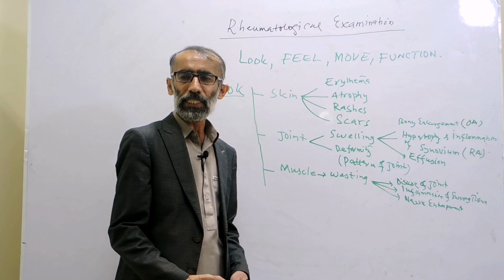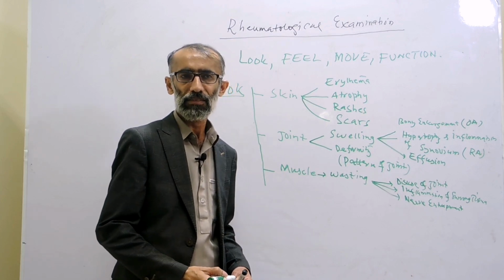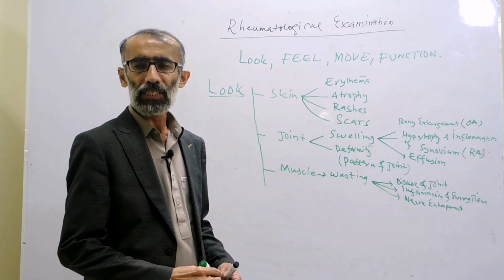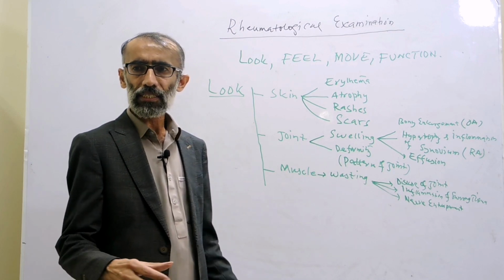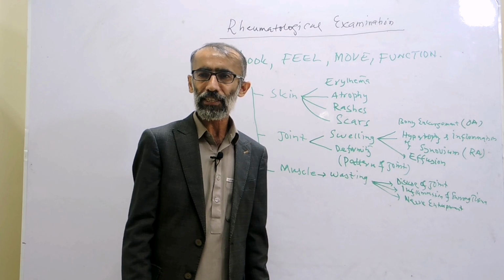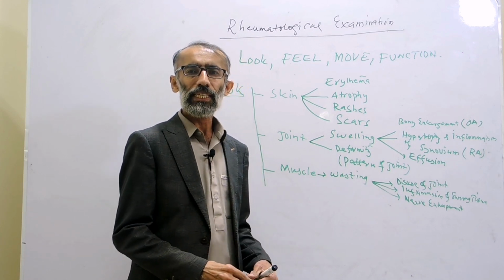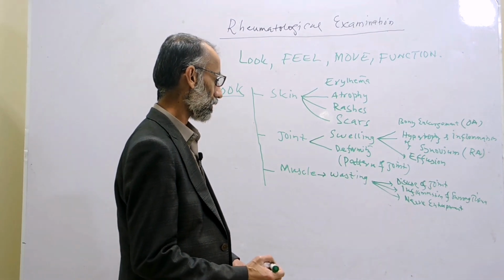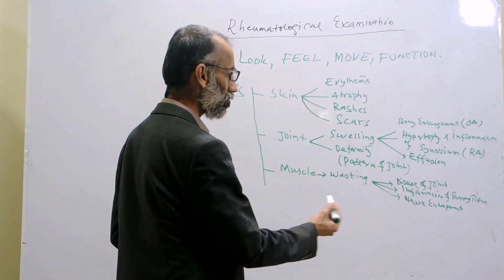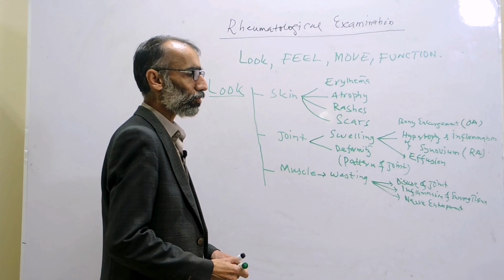Wasting of intrinsic muscles of the hand with active rheumatoid arthritis, wasting of quadriceps muscle with active arthritis of knee joint. Muscle wasting is a sign of chronicity.